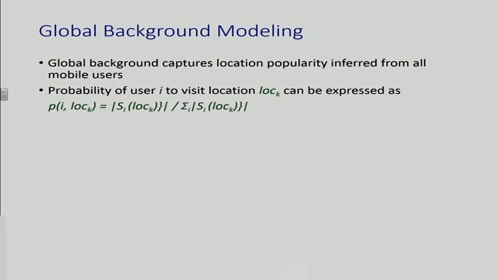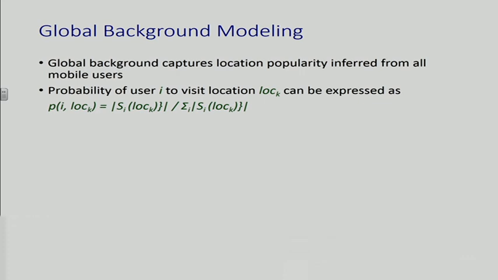Second, they try to capture the global background. Here they again formulate the probability for a user to visit a location, but it's different compared to the earlier one. While the earlier one was a more personal statistic, a user visiting a specific location versus the number of times he has visited different locations, this one incorporates that, given a location, what is the probability that a specific user x will visit this particular location?